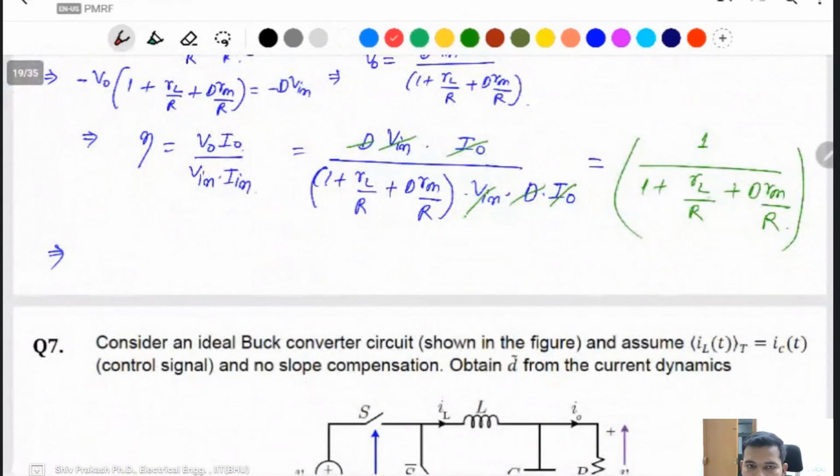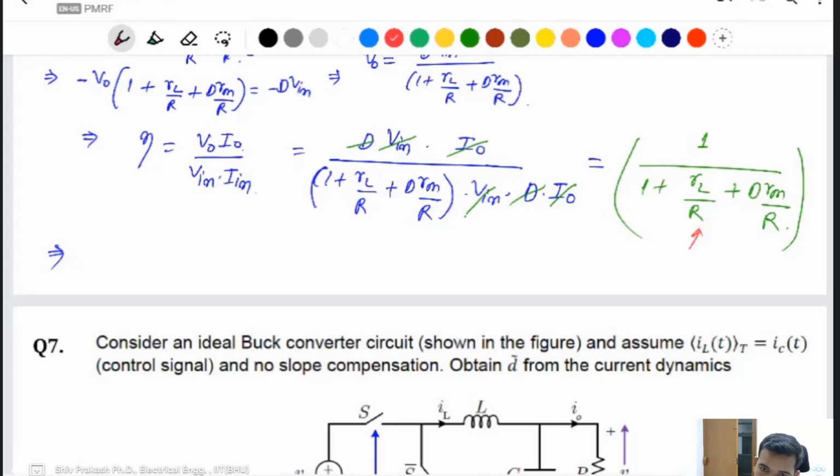The RL of the inductor is in milliohms, and R on is also in milliohms. The duty ratio is less than 1, and the load resistance is more than 1. So the overall efficiency increases, to 90% or 95%, and in some cases 98 or 97%.